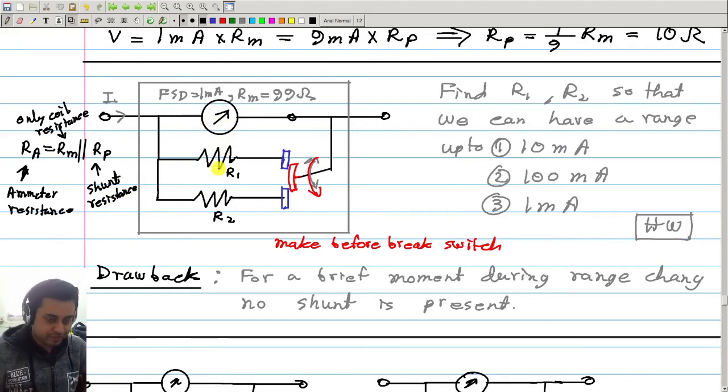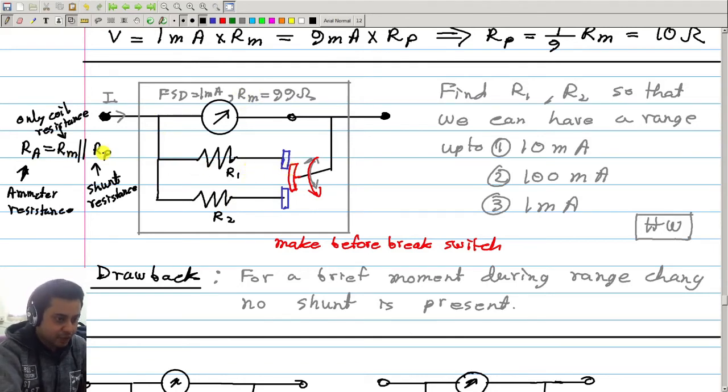That should be small. So this should be smaller compared to the resistance of the circuit between this and this terminal. Wherever I connect this, between those two terminals, whatever circuit resistance appears, that should be much larger than this meter resistance. Now if this Rm itself is small enough, then when you connect more parallel resistances, it is even better.